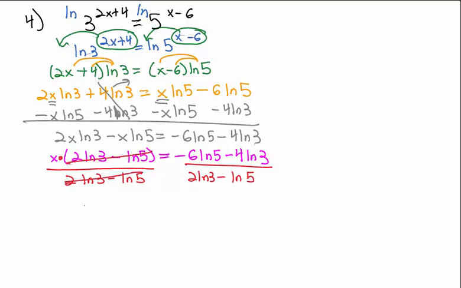And that leaves behind just our x is equal to negative 6 natural log of 5 minus 4 natural log of 3 over 2 natural log of 3 minus natural log of 5. And while it got ugly, the process was the very simple pattern that we saw in Unit 1. Get all the variables on one side, factor out the x, and divide.